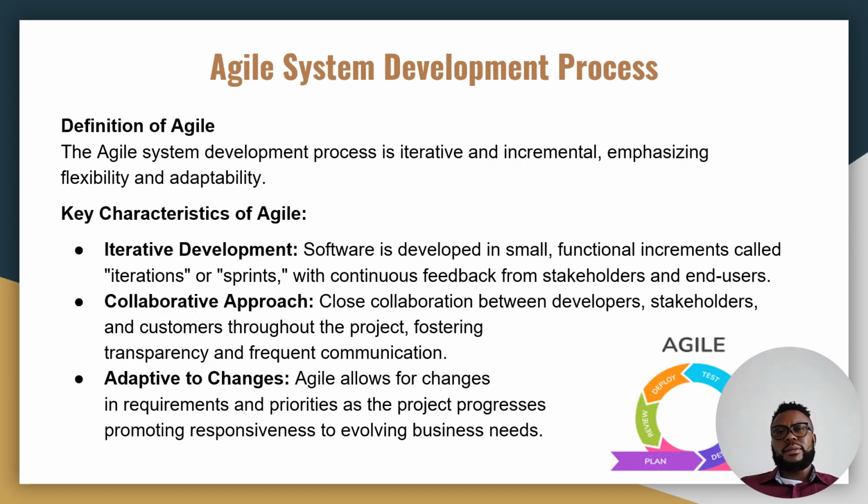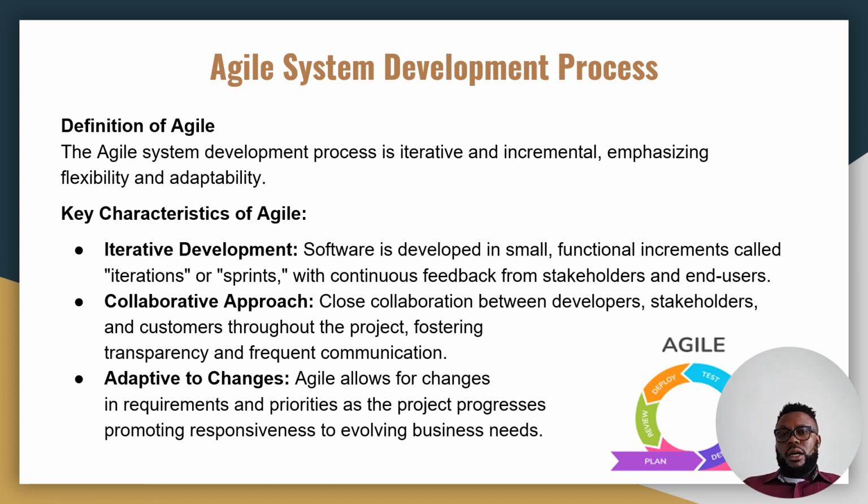So, agile system development process. The agile system development process is iterative and incremental, emphasizing flexibility and adaptability. Some of the key characteristics of an agile development approach include iterative development, collaborative approaches, and adaptive changes.